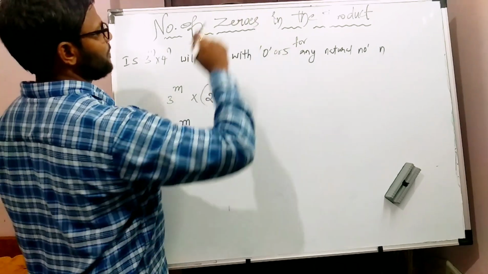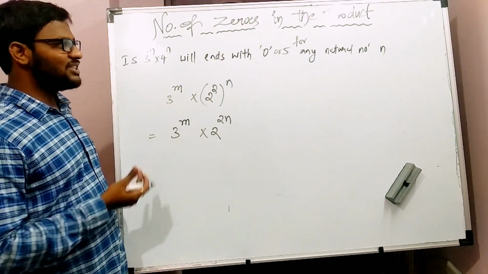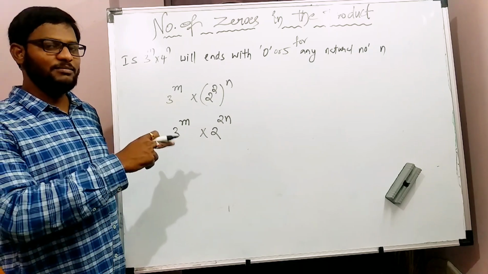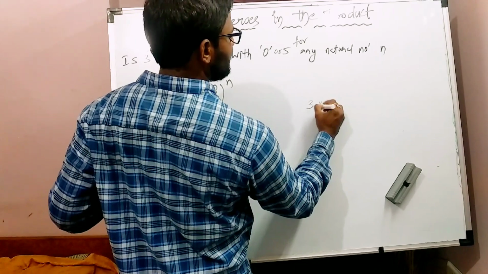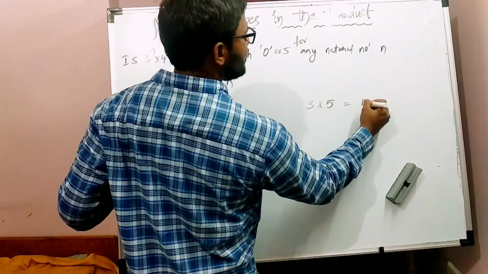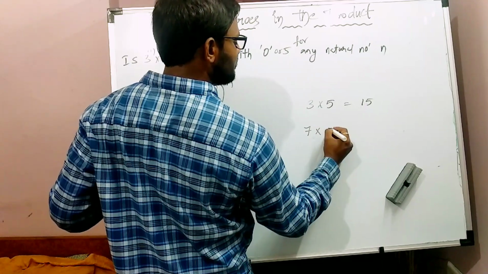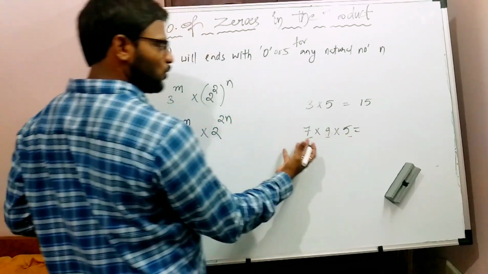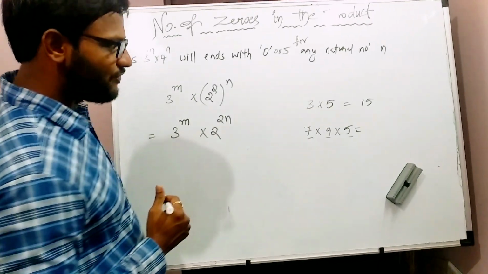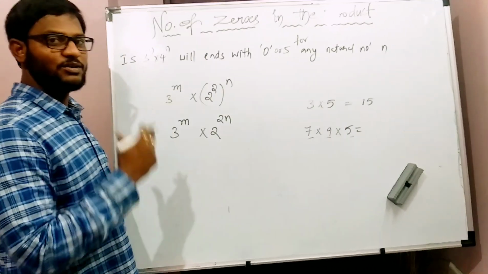But what about 5? Does this product end with 5? See, to end with 5, there should be 5 but not 2. See, 3 into 5 ends with 5. 7 into 7 into 9 into 5. Since there is no 2 but there is a 5 in the product, this number definitely ends with 5.